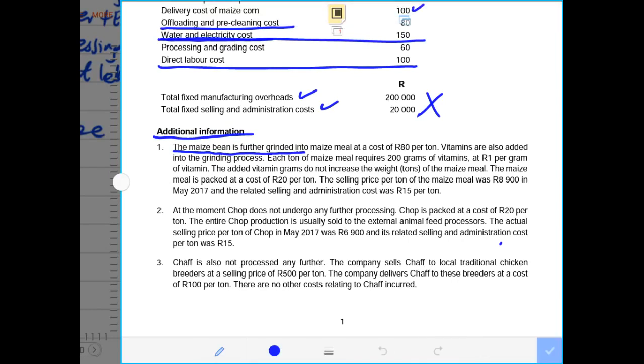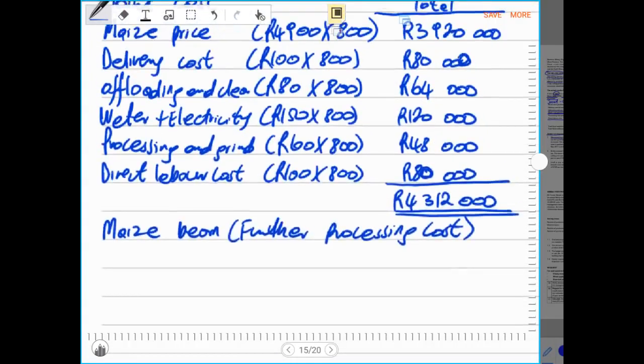We are told that there is grinding, meaning there is cost that we incur further to grind the maize meal at a cost of 80 rand per ton. So now remember, how many units do we have for the maize bean? We only have 480 units of maize bean that were processed.